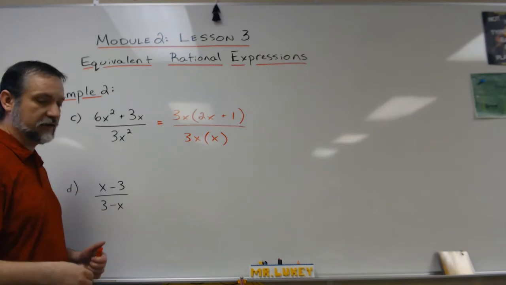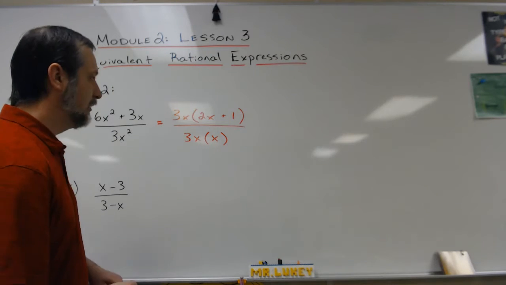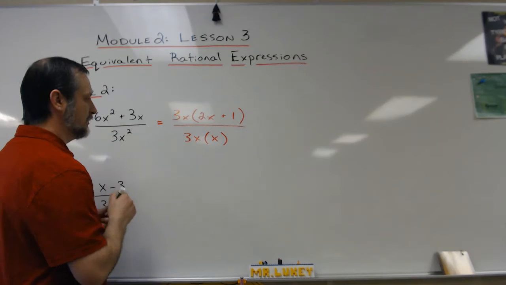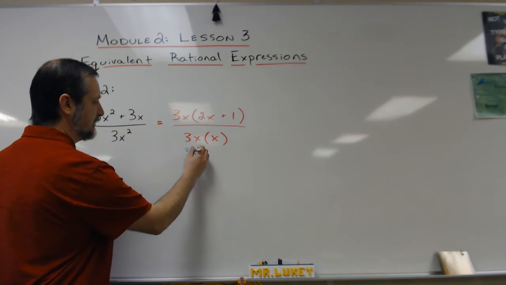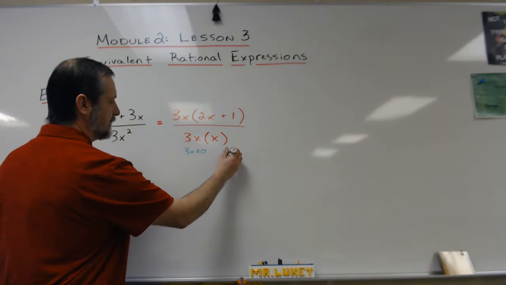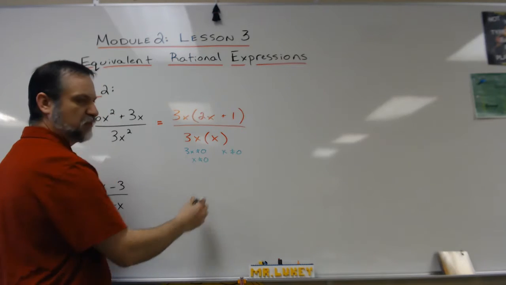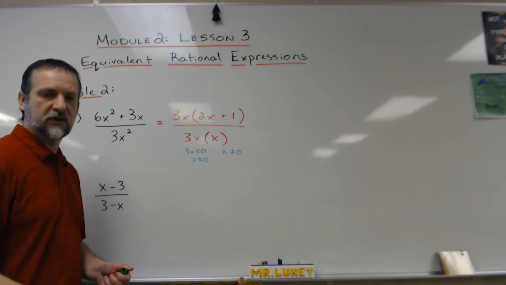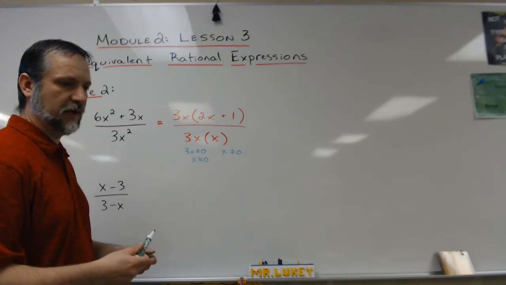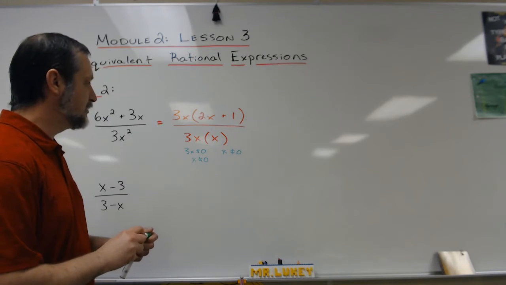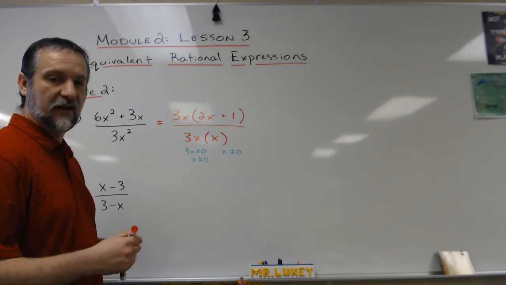So again, I have this broken down into most simplified form. What am I doing here as I have it simplified all the way? 3x times x. So again, 3x cannot equal 0, so x cannot equal 0. In both of these cases, we're getting the same non-permissible value for both of those terms, right? So x cannot equal 0. So I got my non-permissibles. I can now continue the question.